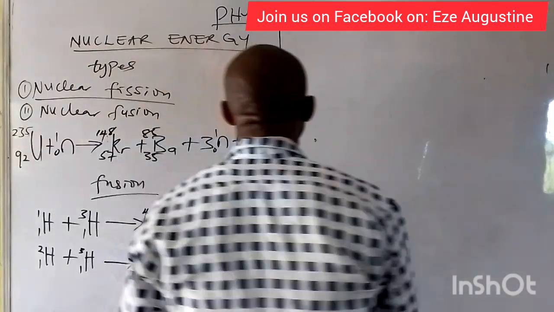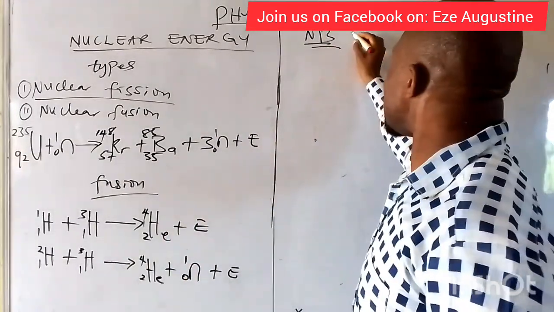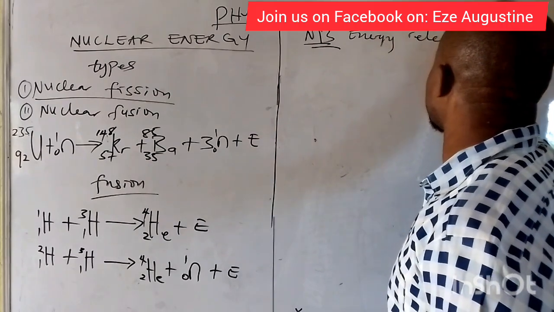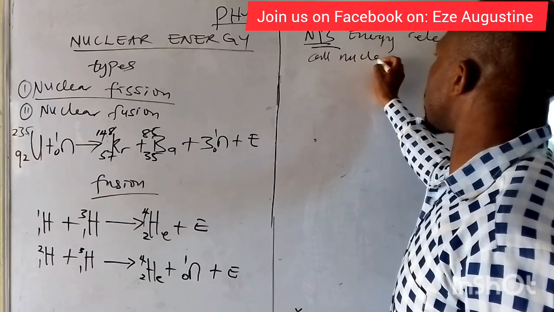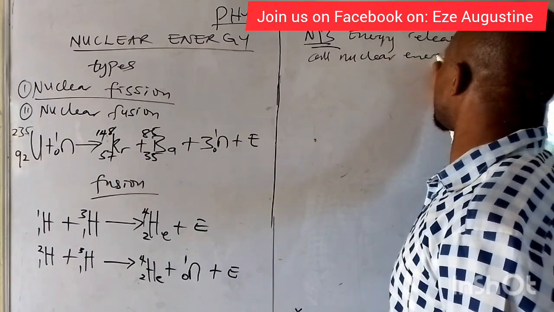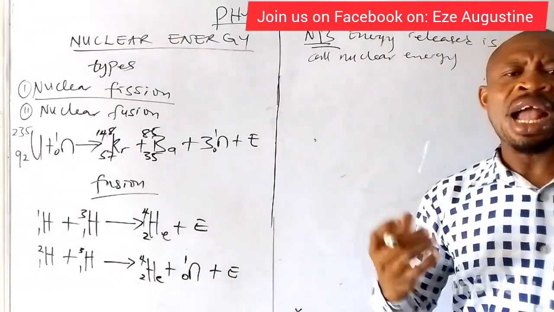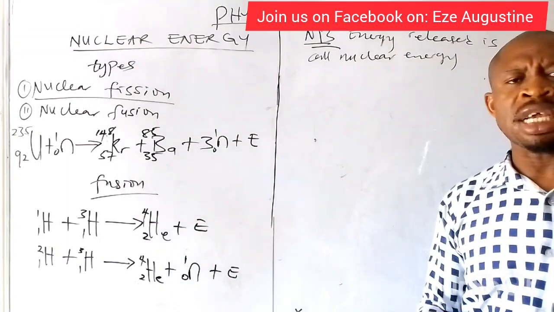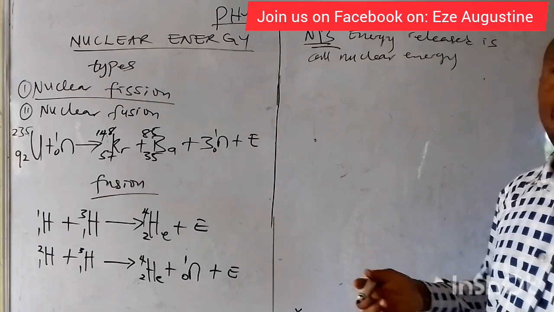So, we now note that the energy released here is called nuclear energy. And we can calculate the value of this nuclear energy using what we call Einstein's equation.